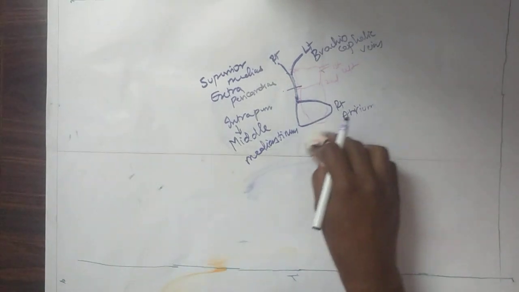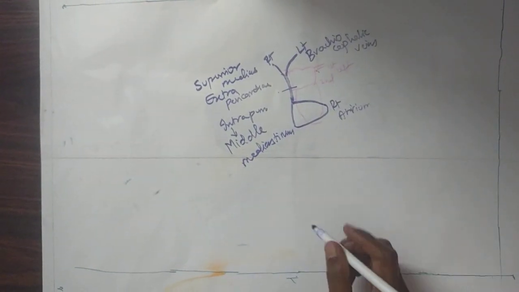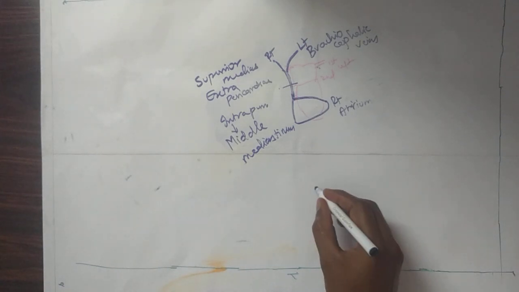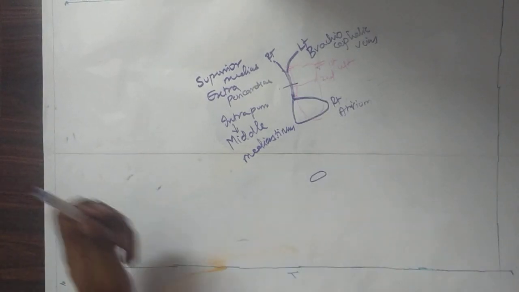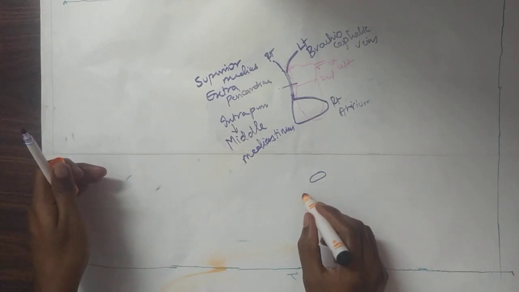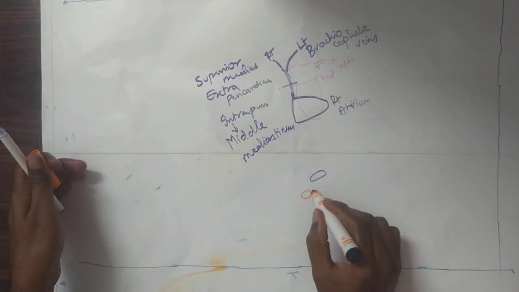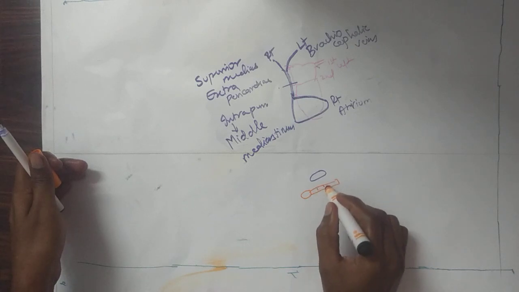For that we'll see a coronal section of the thorax. Suppose this is your superior vena cava. Behind that, this is the trachea. So what comes from the trachea? This is the right bronchus.